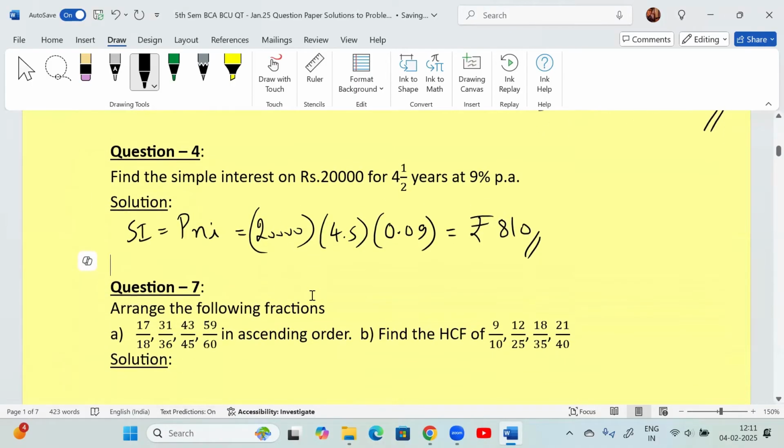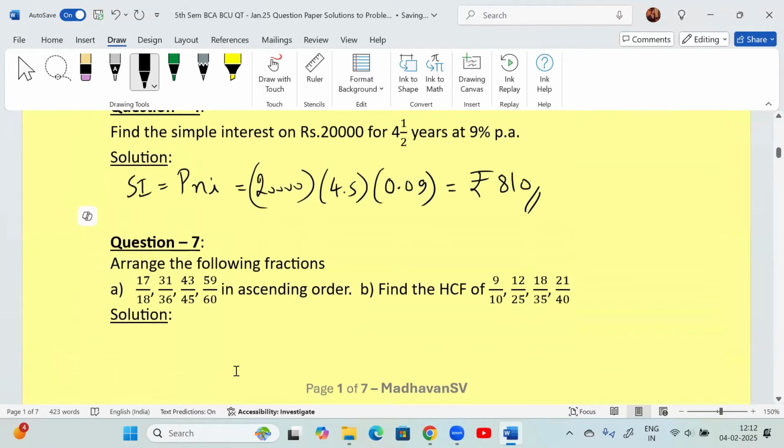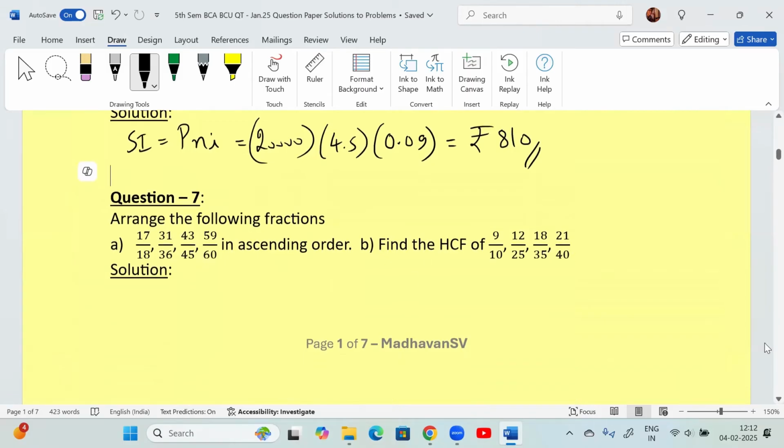Arrange the following fractions 17 by 18, 31 by 36, 43 by 45, 59 by 60 in ascending order. So we need to find out the LCM of the denominators. So LCM of 18, 36, 45, 60, we have to find.